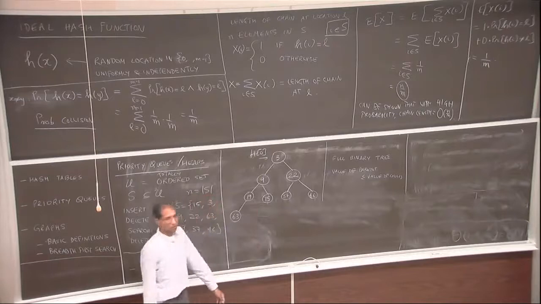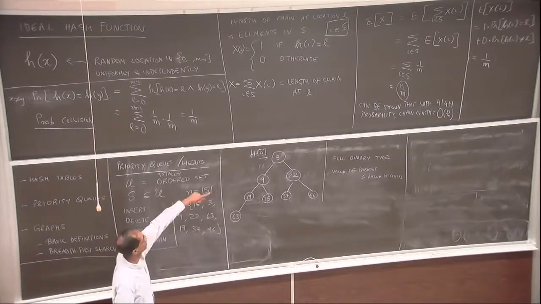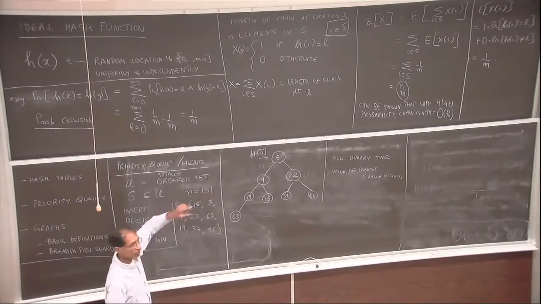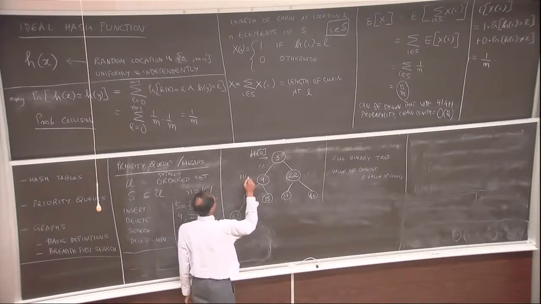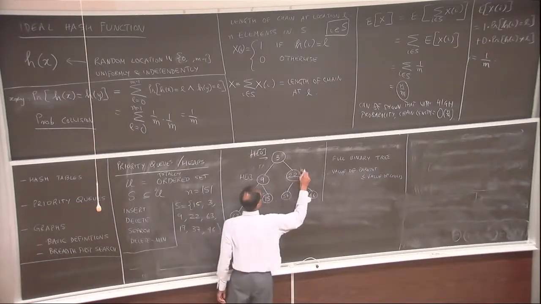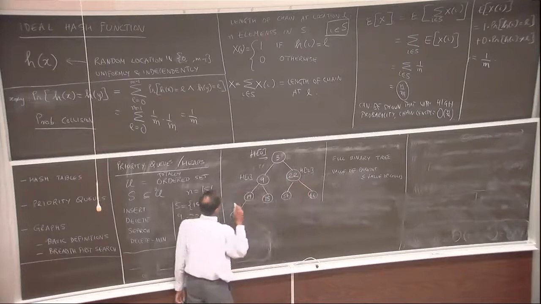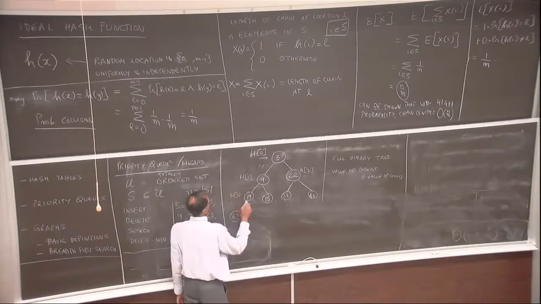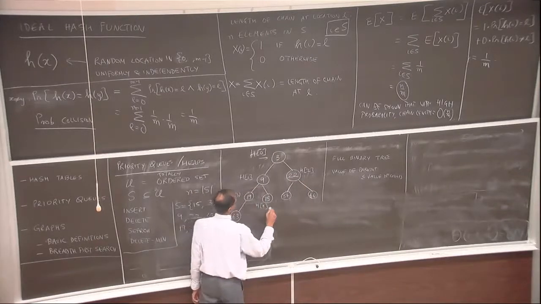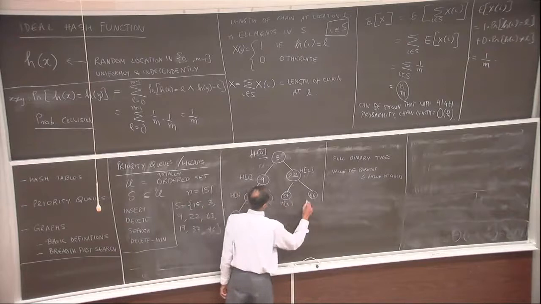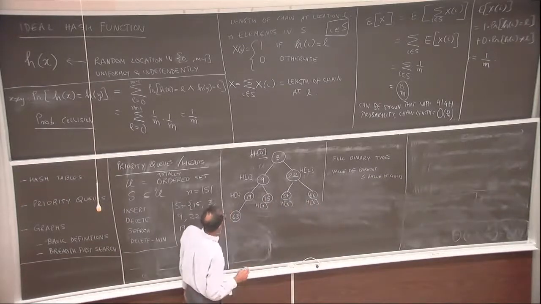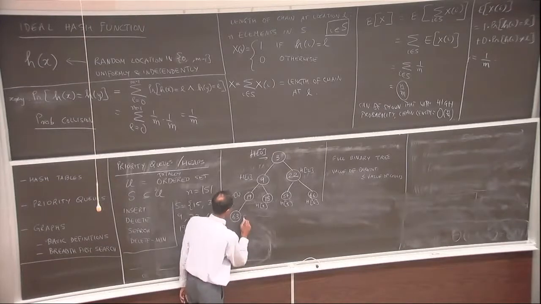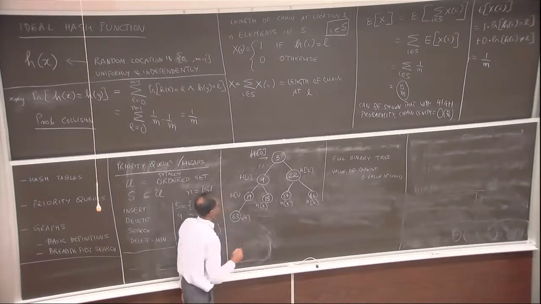So we will store the top of the tree, the top of the heap, in h of 0. This would be h of 1, h of 2. This would be h of 3 to 6. Sorry, 3 to 6. Did I get it right? 0, 1, 2, 3, 4, 5, 6. Okay.